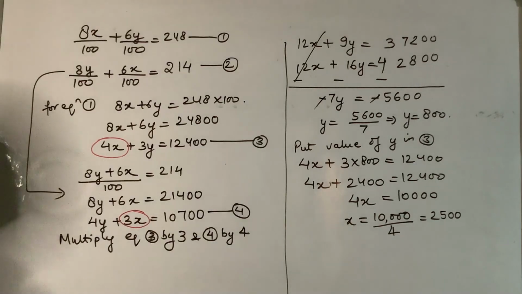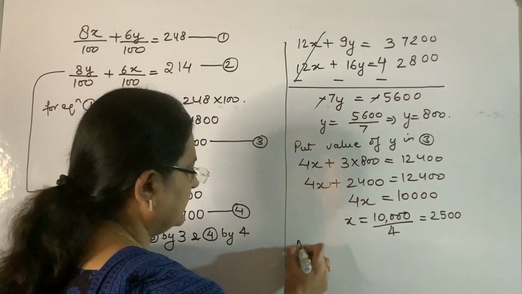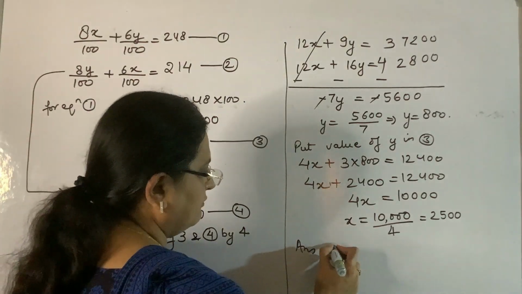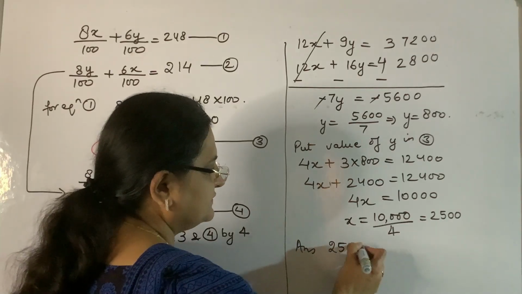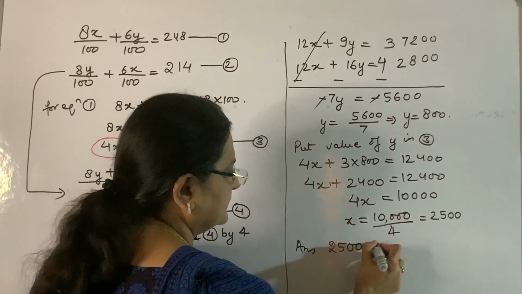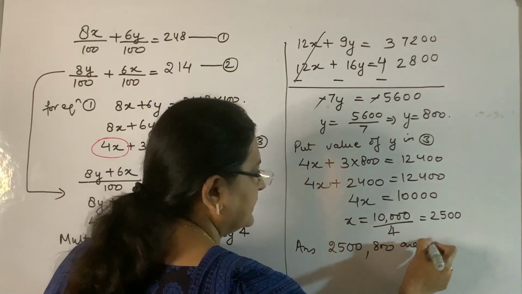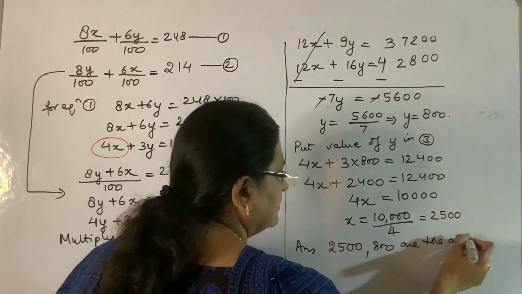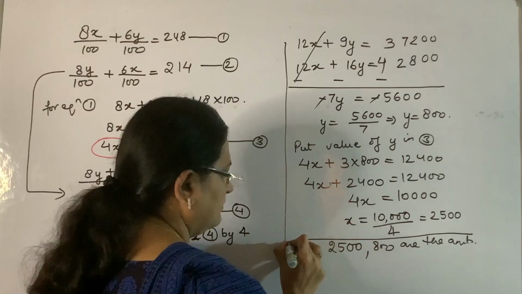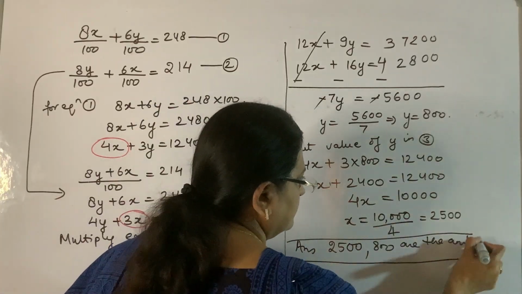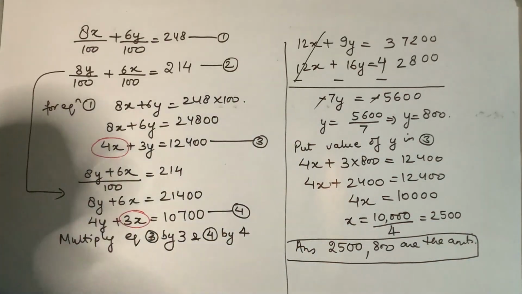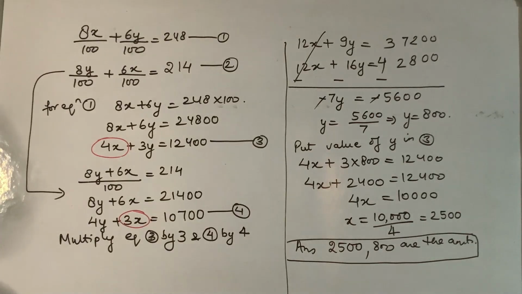Okay, so the answer is one amount is 2500 and the other amount is 800. These are the required amounts.